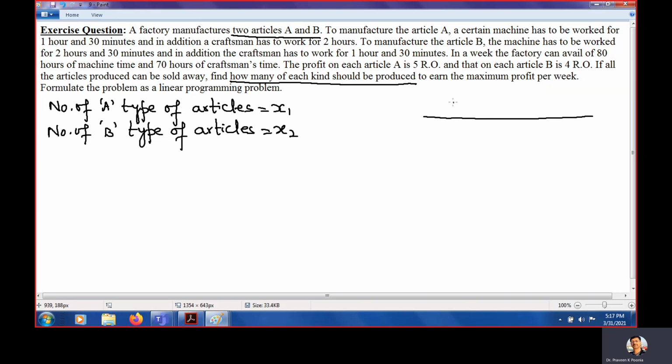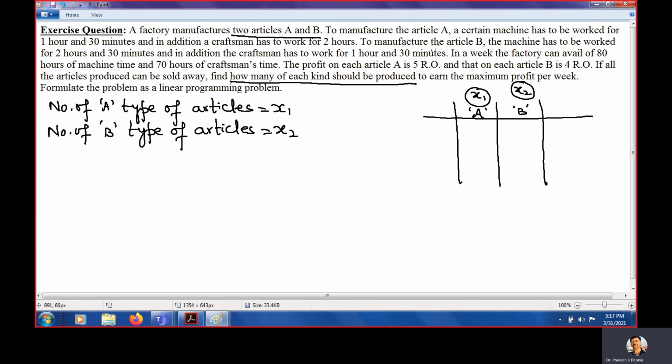Simply start making the table. This is A type of product and the quantity we are making is x1. This is B type of product and the quantity we are making is x2. These are the two things.